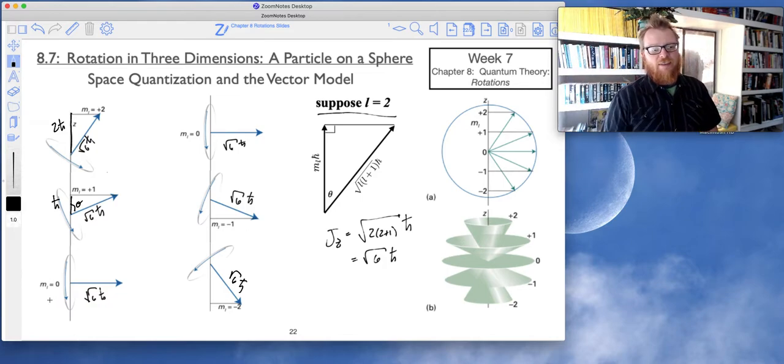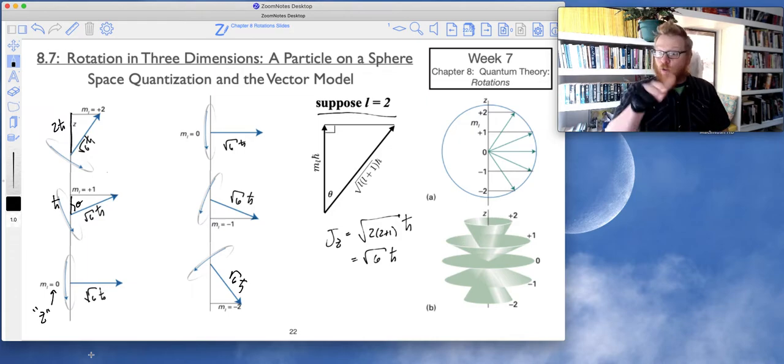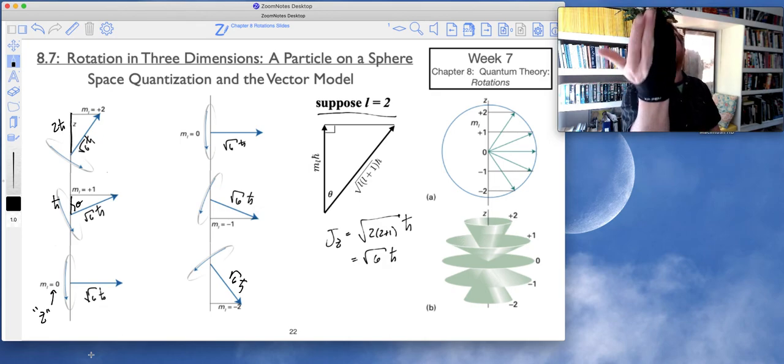We're going to see that this ml equals 0 is a special case as we start building up our description of the atomic orbitals. And we'll see that ml equals 0 is specific to the z-axis. We don't have angular momentum in the z-axis. Our angular momentum is pointing out that way, but our rotation is occurring in the plane.